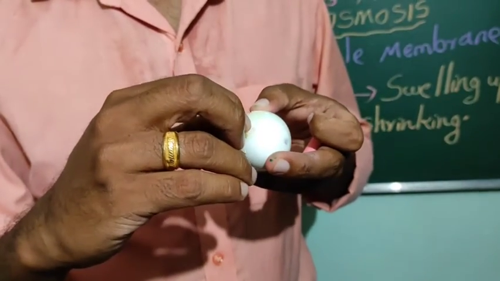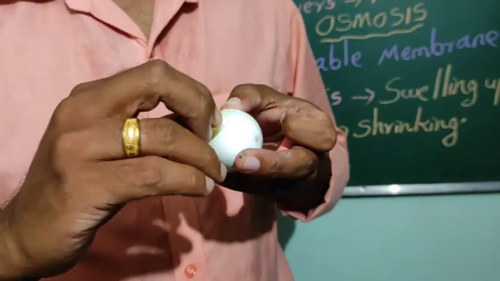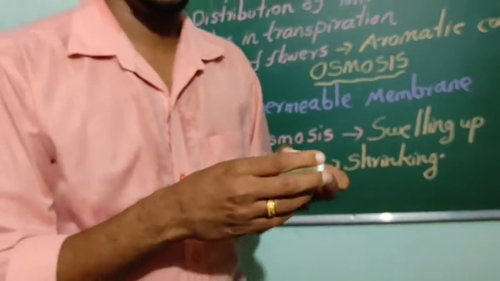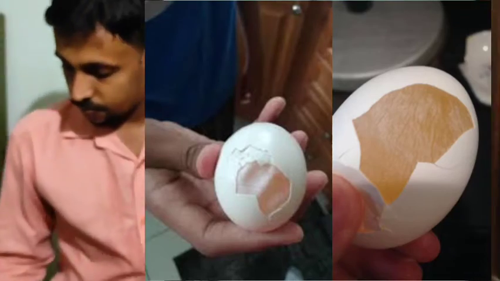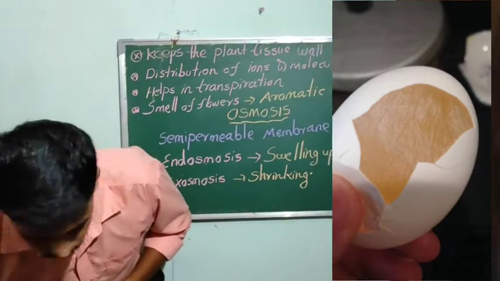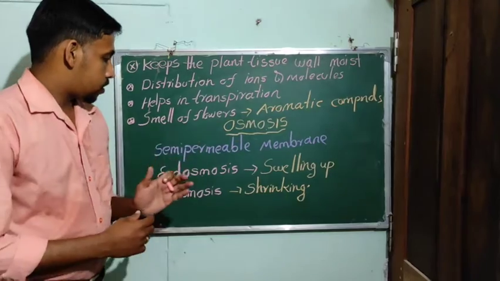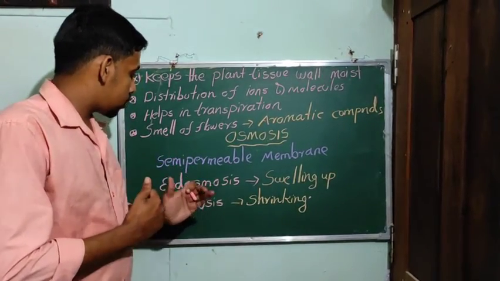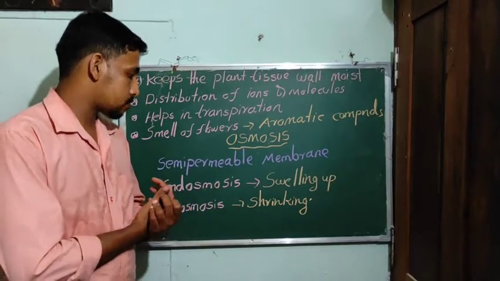This egg membrane can permit the water molecules. So there are two types of osmosis: endosmosis and exosmosis.